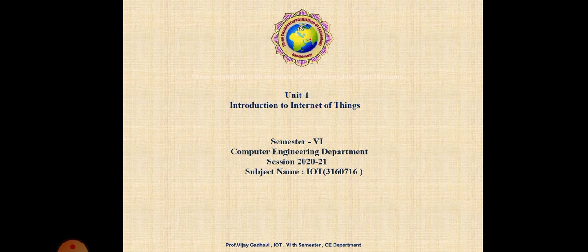In unit number 3, we cover protocols for IoT. This is basically network fundamentals, in which you learn messaging protocols, transport protocols, and, as you already covered in the network subject, Internet Protocol version 4, version 6, and URI.